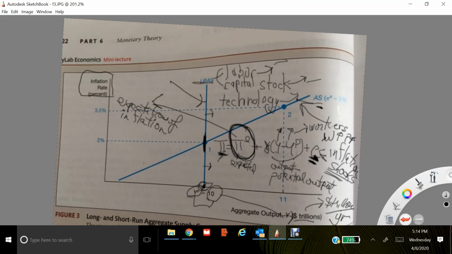So if they expected inflation to increase, that would result in new wage contracts with higher wages, and the expectation of inflation tomorrow would cause inflation today to increase.